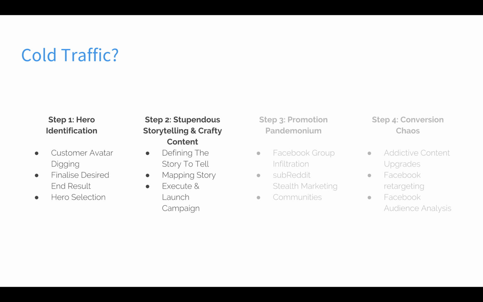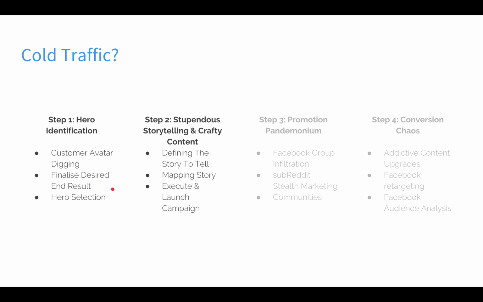My other client in the CrossFit niche is finding actual customers who are on a journey themselves to getting a desired end result, which is related to CrossFit, and is then telling their story. So once you understand who your customer avatar is, you select who your hero is, you then think about the desired end result that your hero is trying to achieve, and then you can move on to step 2.